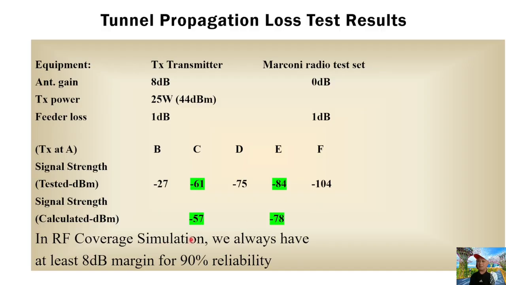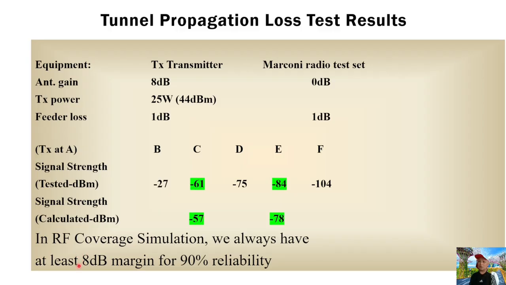As you know, in RF coverage simulation, we always have some margin. For example, if you would like to have 90% reliability, you need at least 8 dB margin. And if you want to increase the reliability from 90% to 99%, you add one more 9 here. Then you need to add one more 10 dB here.